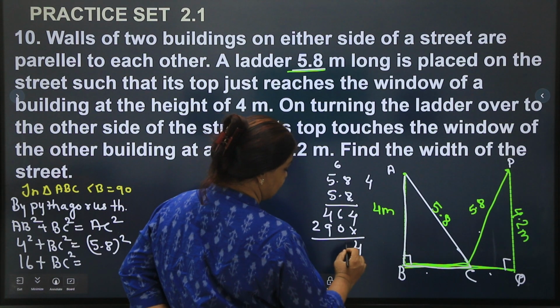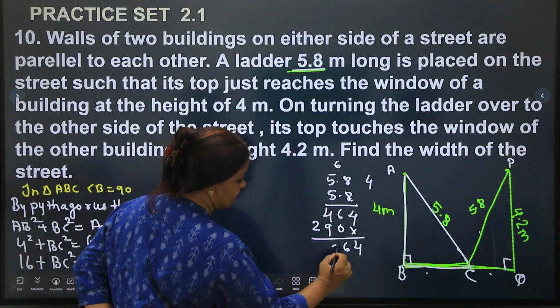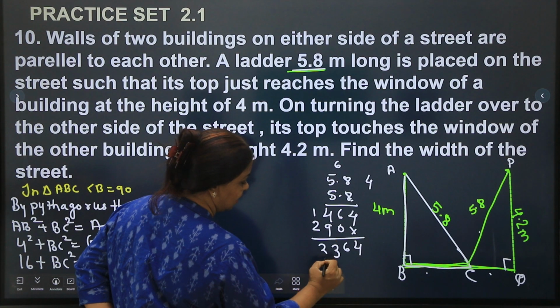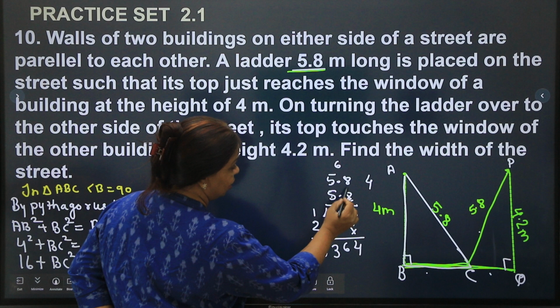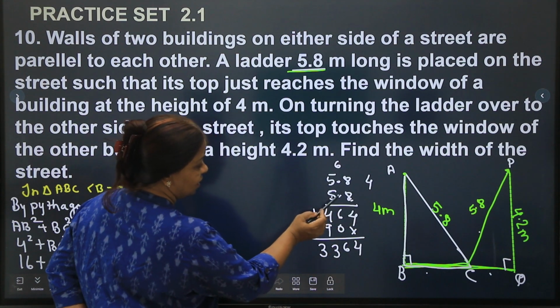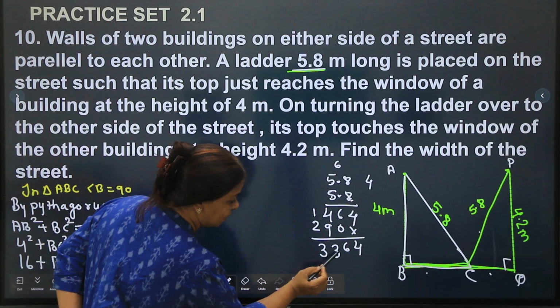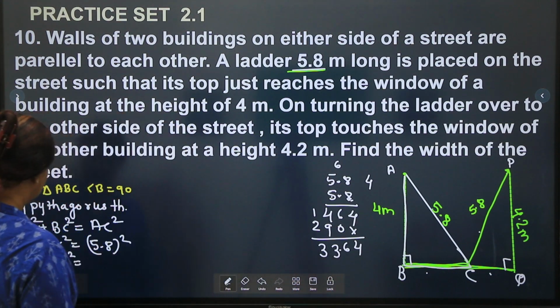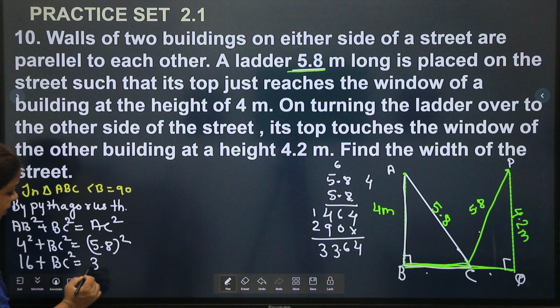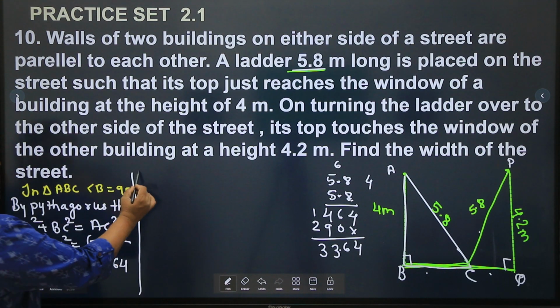So 4, 6, 13, 1, 3, 3, 3, 6, 4. Now the point will be after 2 digits. See here, 1, 2. So I will be placing the point here, 3364. You will get 33.64. Now do the subtraction.